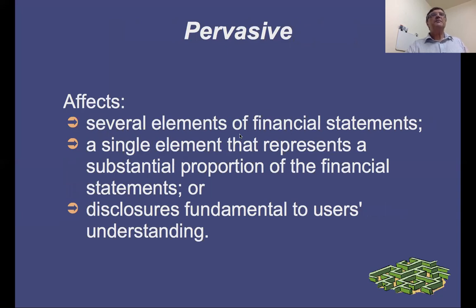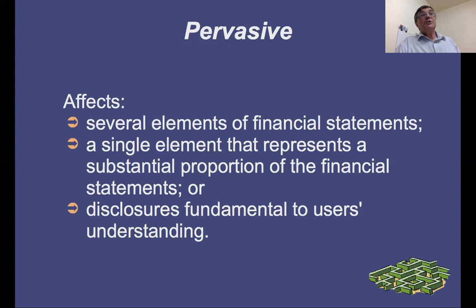So to be pervasive, the matter has to affect either several elements of the financial statements, or a single element that represents a substantial proportion. An example of affecting several elements: it might be we have a subsidiary, but no subsidiary accounts have been received, so they cannot be consolidated. Our expectation is that this is going to affect several elements of the group financial statements. It might be a single element that represents a substantial proportion of the financial statements.